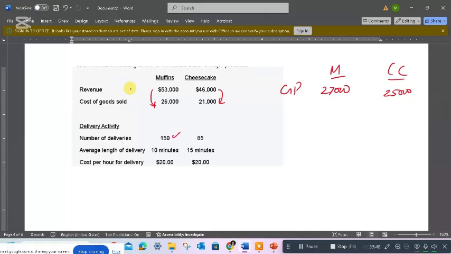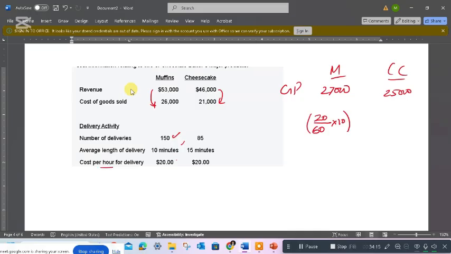Average length per delivery 10 minutes. Cost per hour of delivery 20. So can I do this? 20 per hour. Divide by 60, cost per minute. Multiply by 10 minutes. That will give you the delivery cost of one delivery.